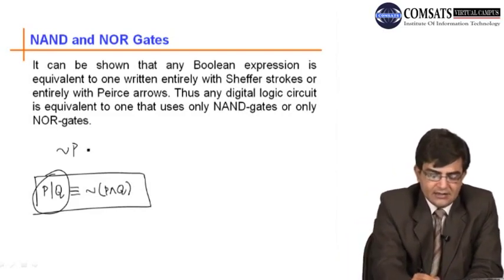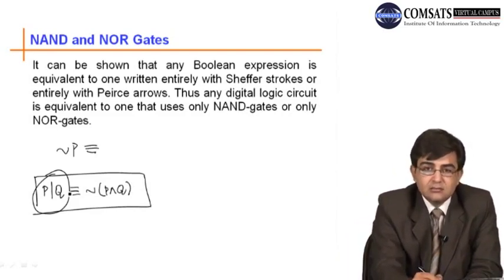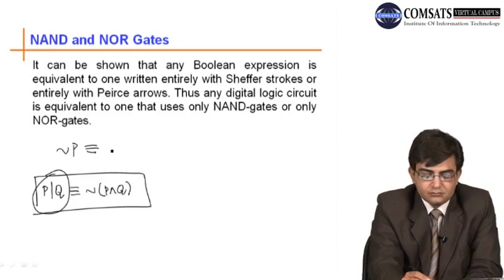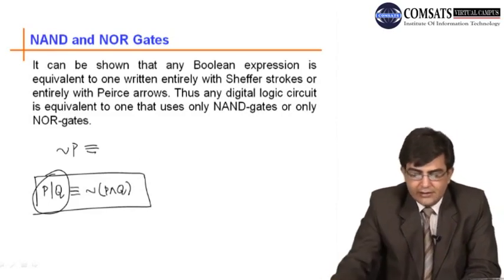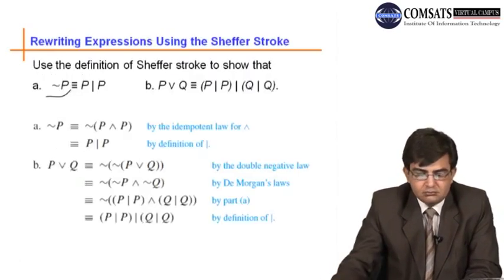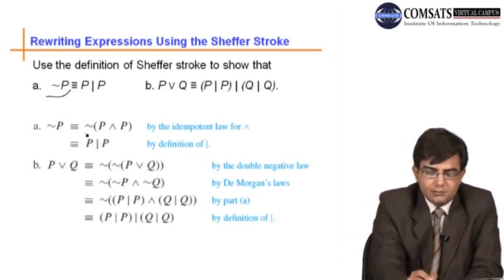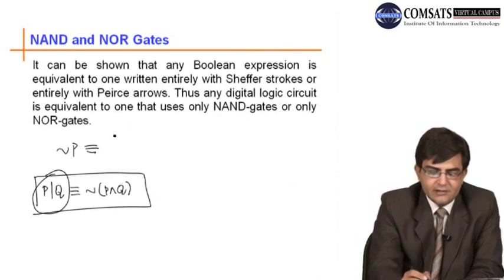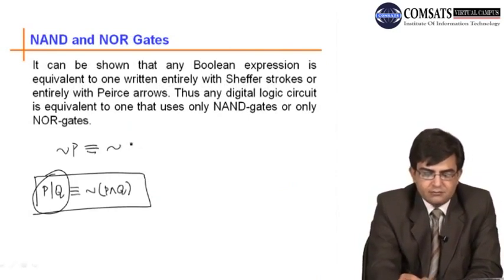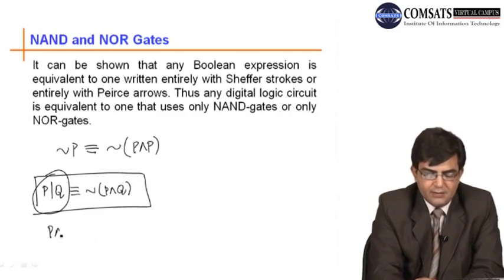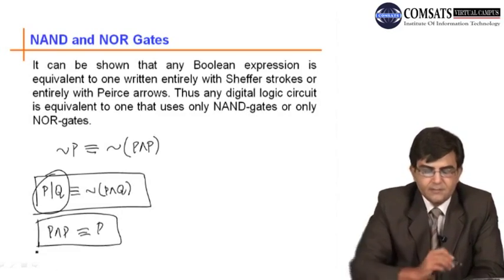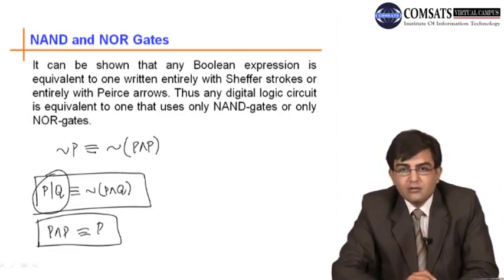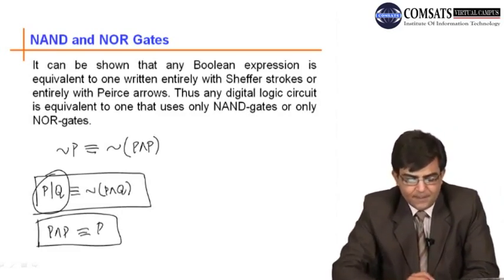Not P is logically equivalent to not (P and P), and you know that P and P is logically equivalent to P. We have discussed it in the laws of logic.